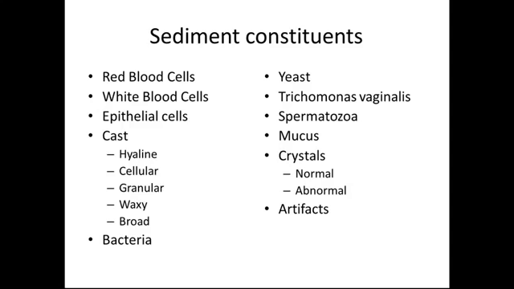Casts, hyaline casts can be normal in small amounts, but cellular, granular, waxy, and broad casts are abnormal. Bacteria, there can be a small, minute amount of bacteria depending on the collection method, but typically high bacteria is abnormal. Yeast, Trichomonas vaginalis, sperm, mucus, crystals, meaning abnormal and normal, and artifacts can also be found in the sediment.